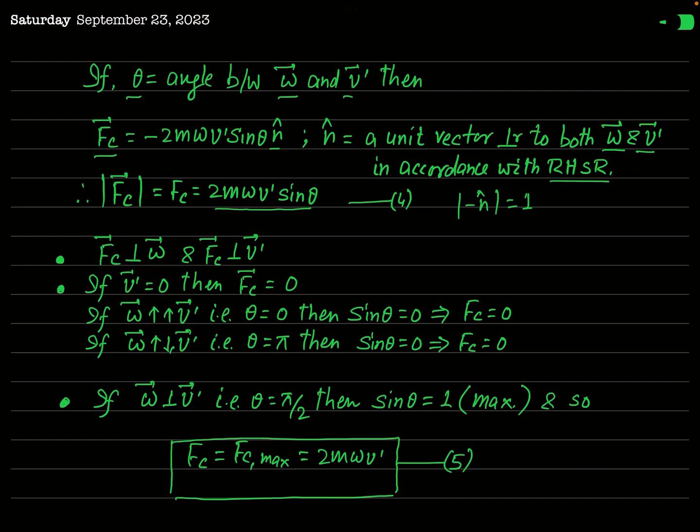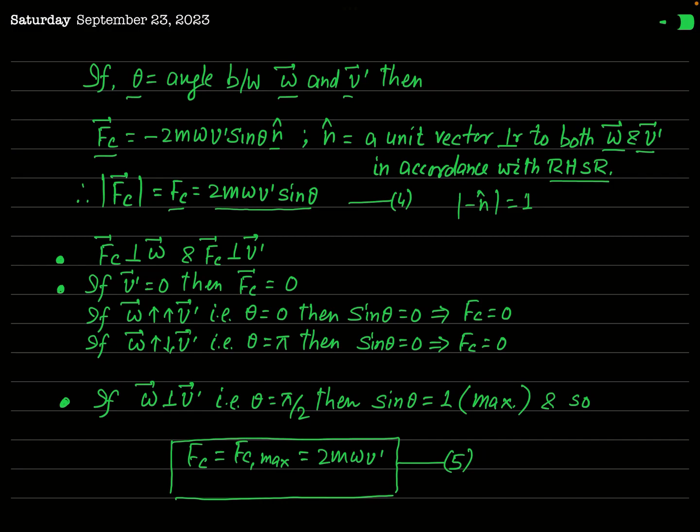You can see the magnitude of this Coriolis force depends on three factors. What is the value of omega? What is the value of v prime? And what are the directions of omega and v prime, that is, what is the angle between omega and v prime? Now let us see here.